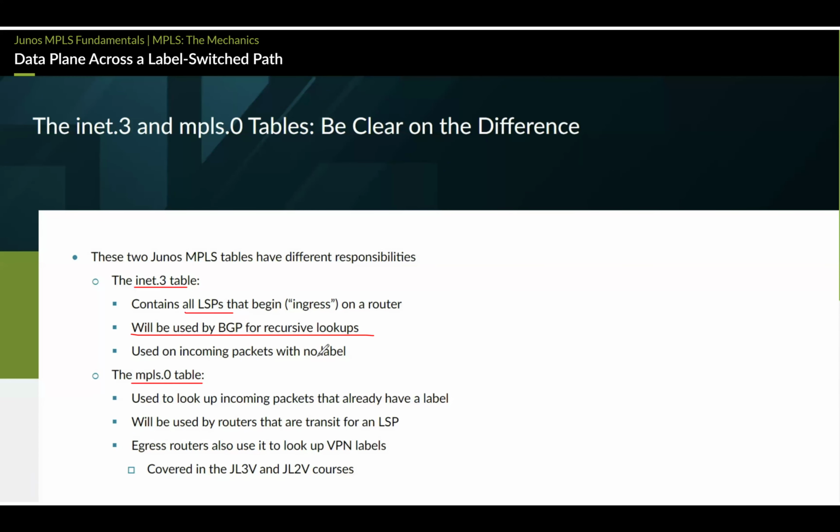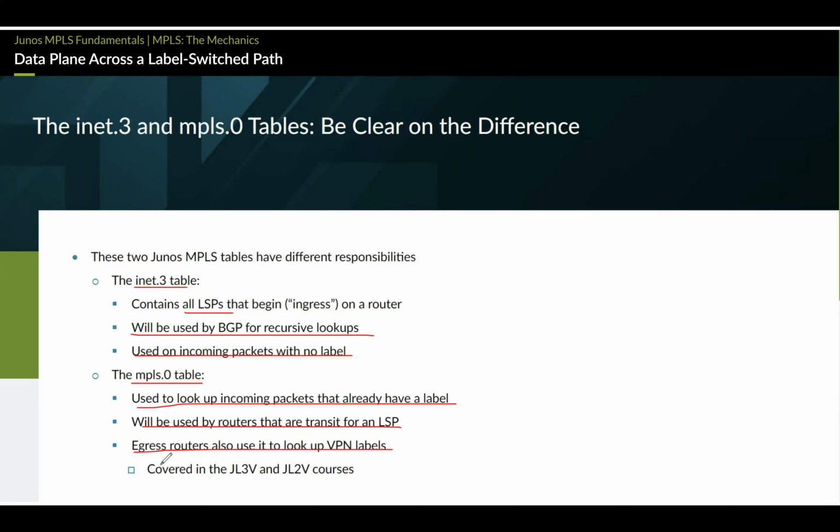Used on incoming packets with no label. So this is the INET.3 table. And the MPLS.0 table is used to look up incoming packets that already have a label and will be used by routers that are transit for an LSP. Egress routers also use it to look up VPN labels.